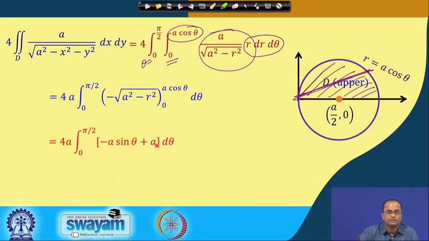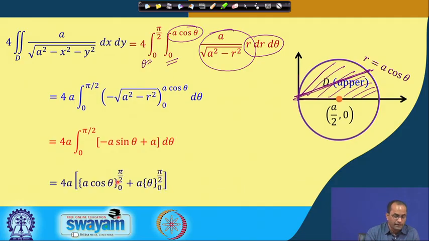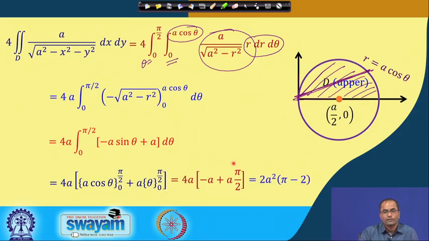So, this is minus a sin theta plus a, and then we will integrate with respect to theta. So, this sin theta will give cos theta, and a theta, with limits 0 to pi by 2, and once we compute this we will get 2 a square times pi minus 2.